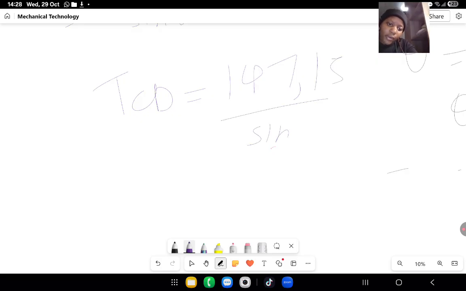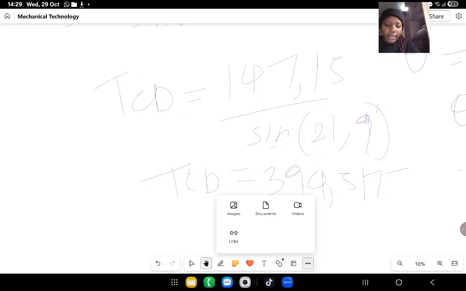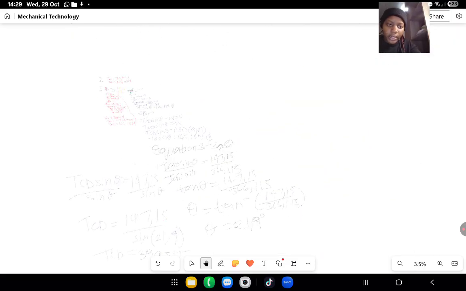Then our TCD equals 147,15 over sine, our theta is 21,9 degrees. Then TCD equals 147,15 over sine 21,9, which is 394,517. So we will go back there and write our answer.